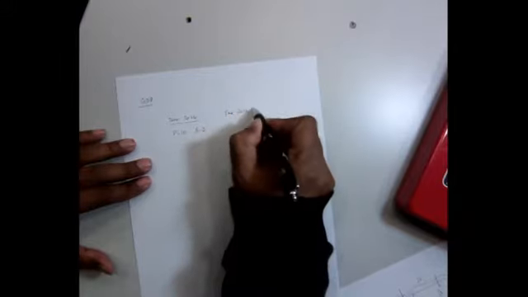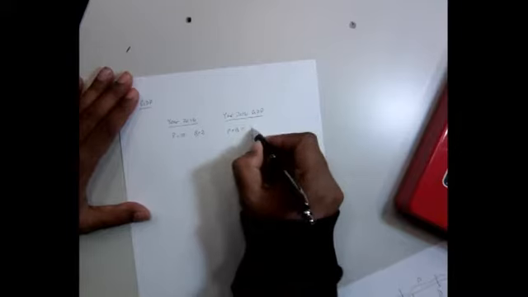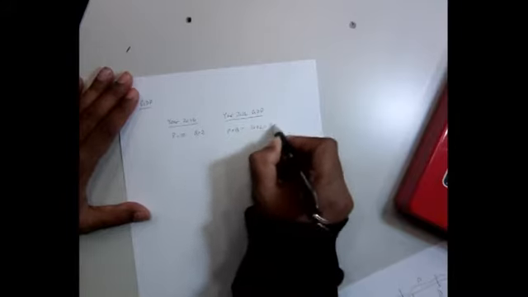So now I'm calculating the year 2016 GDP. GDP says the value of the final goods. That basically means price times quantity. How much quantity? Suppose this country produces only 2 units of goods. For simplicity, I assume that, right? So now what does that mean? The total value of the goods will be 10 times 2, and that will be 20.